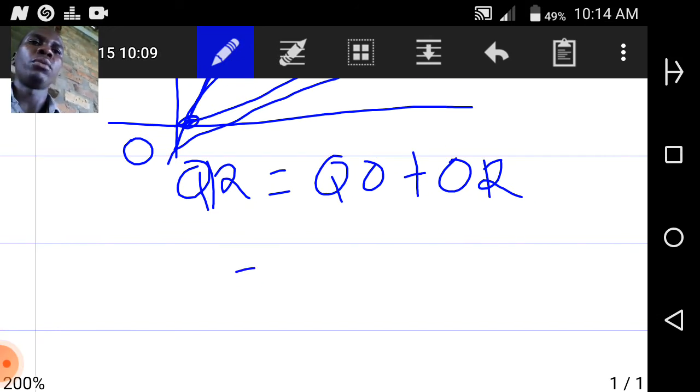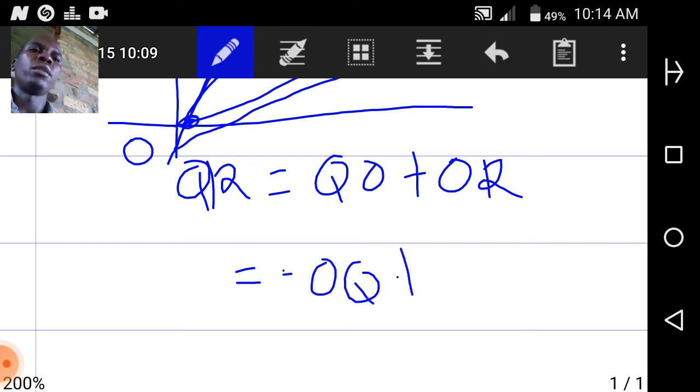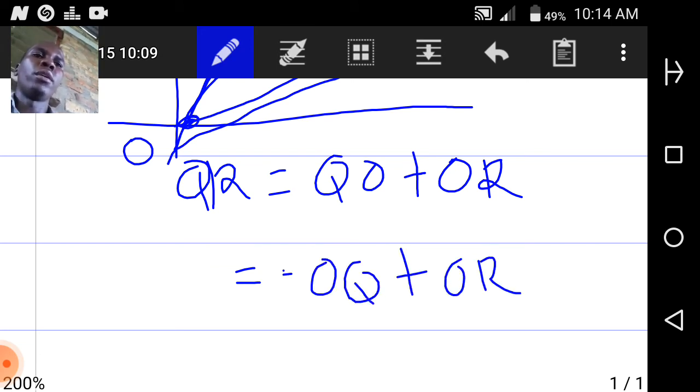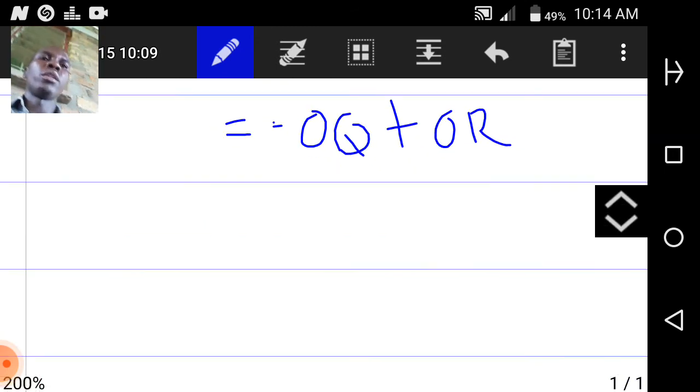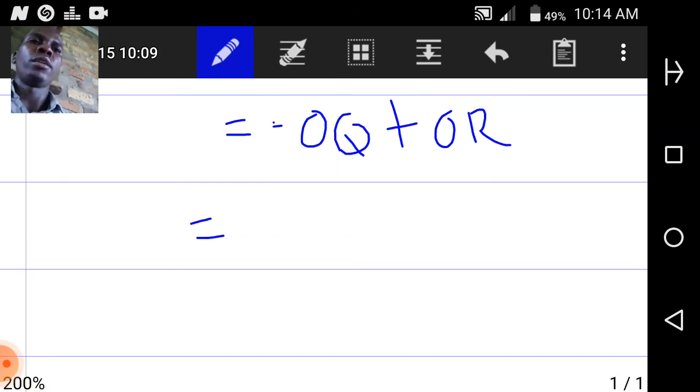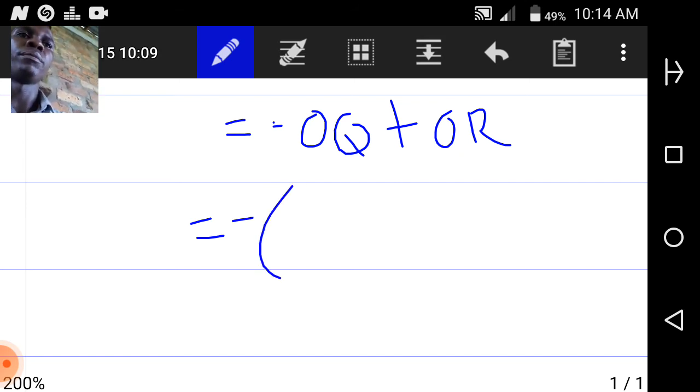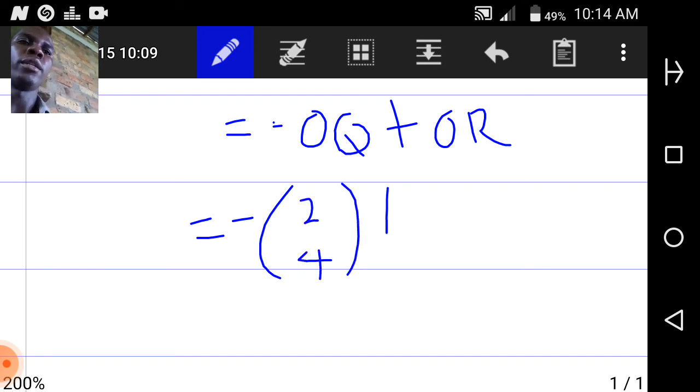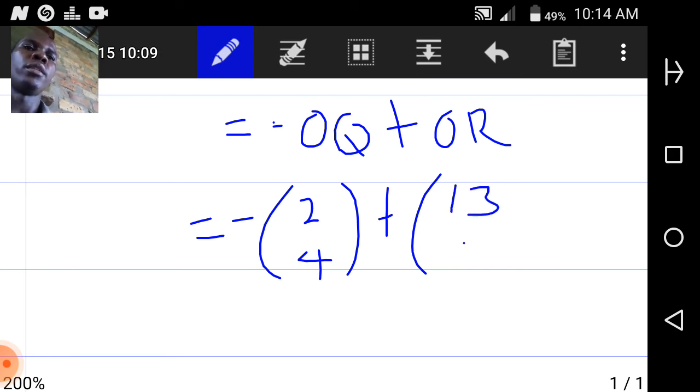So QO is the same as negative OQ, then plus OR. For that case, we can now substitute OQ, which they gave us as (2, 4), then plus OR, which is (13, 0).